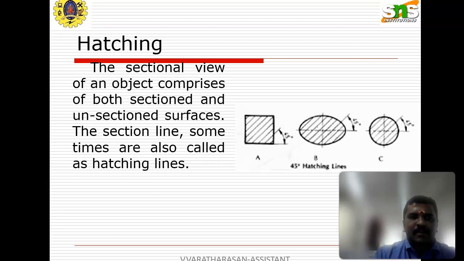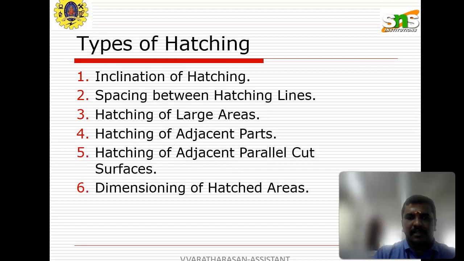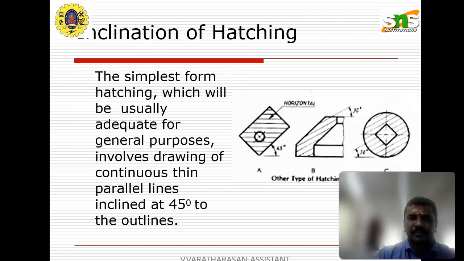So this hatching portion will be shown in the figure. The sectional view of the object comprises both sectioned and unsectioned surfaces. The section lines are also called hatching lines. So the topics are: types of hatching lines, inclination of hatching, spacing between the hatching lines, hatching of large areas, hatching of adjacent parts, hatching of adjacent parallel cut surfaces, and dimensioning of the hatched areas.